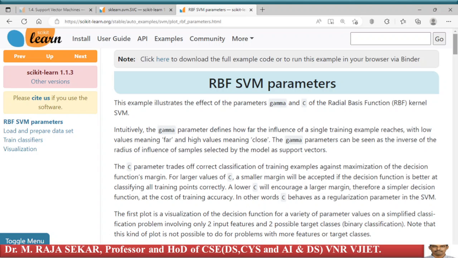Sigma is considered as the radius of influence. The gamma parameter can be seen as the inverse of the radius of influence of samples selected by the model as support vectors, isn't it?